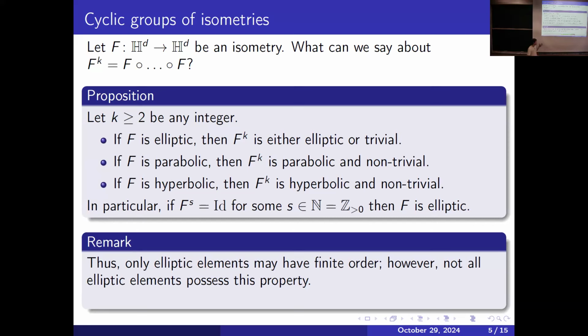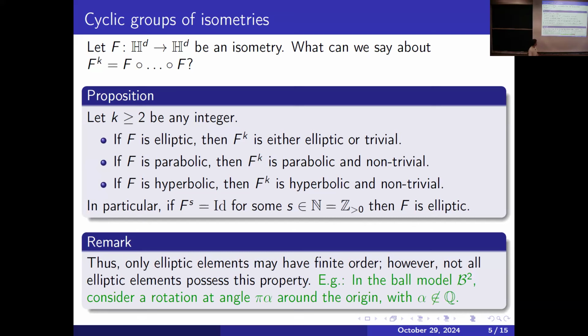However, this remark says that not all elliptic elements possess this property. A nice example is to take a rotation in the hyperbolic plane at angle πα, where α is irrational.